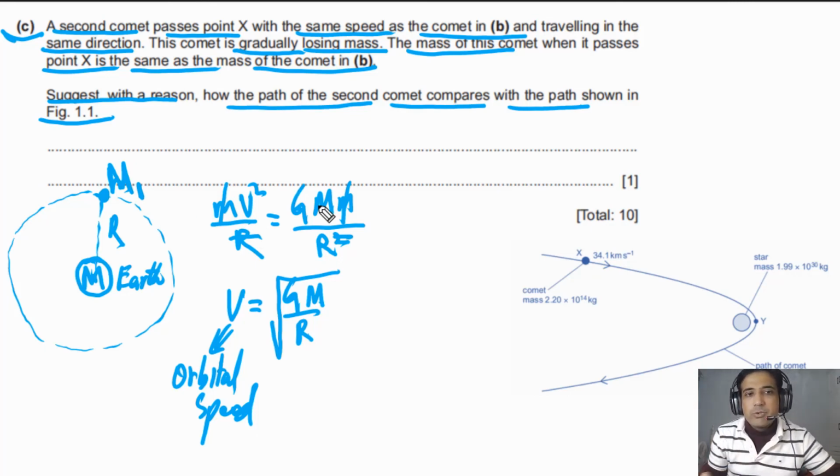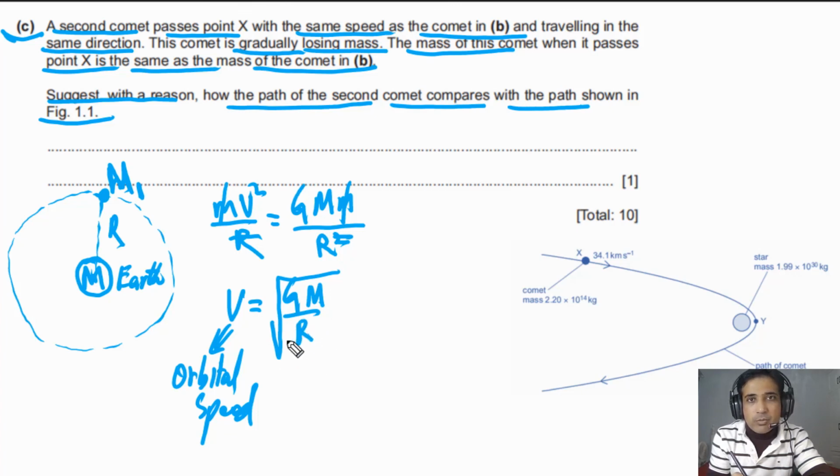So the first thing you need to understand is that orbital speed does not depend on the mass of the orbiting object. It only depends on the mass of this heavier object and on the orbital distance, or simply the orbital radius.